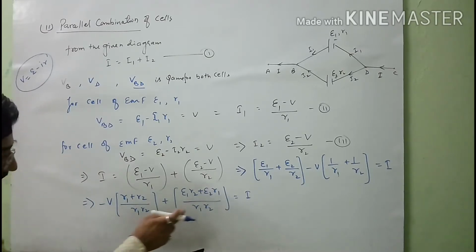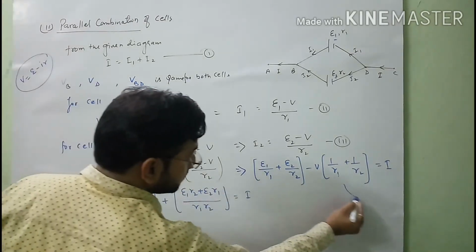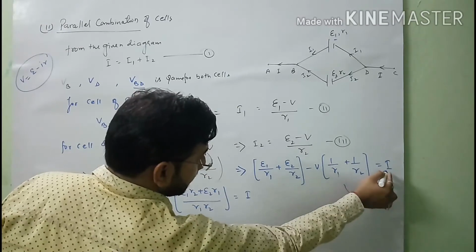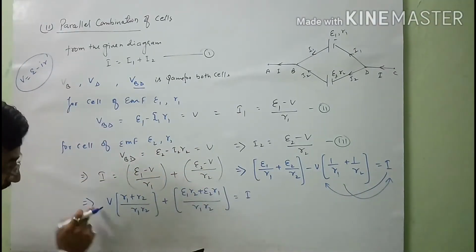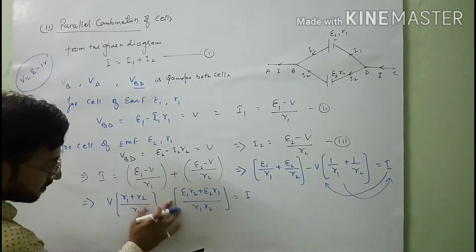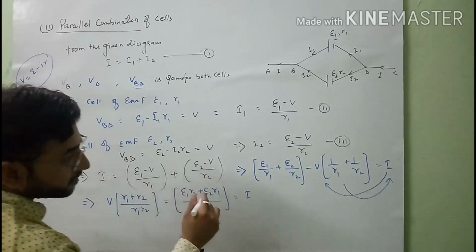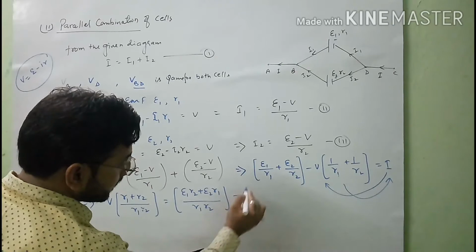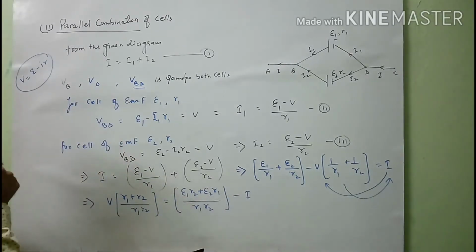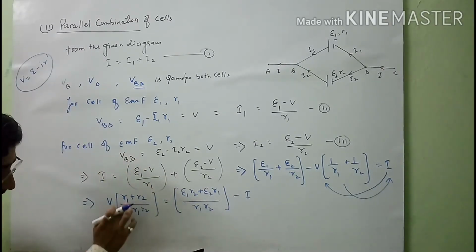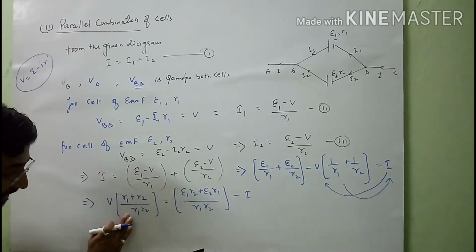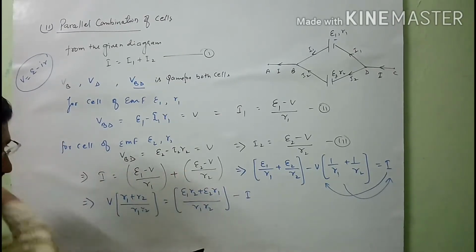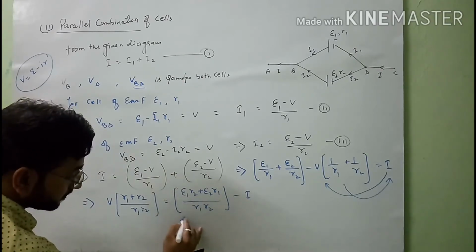If this goes to the RHS and this comes to the LHS, the format of the equation will be in this way, minus this. Clear, student? Now I will transfer this part from LHS to RHS.